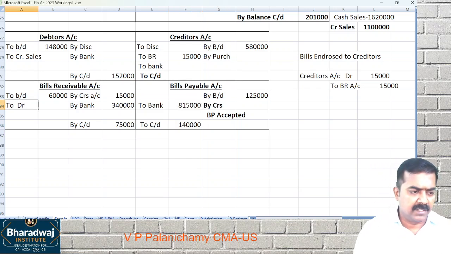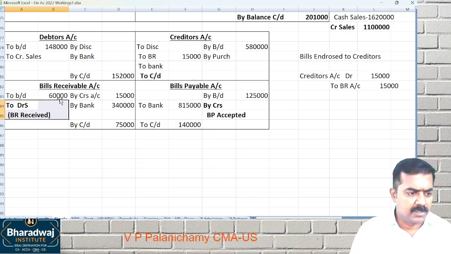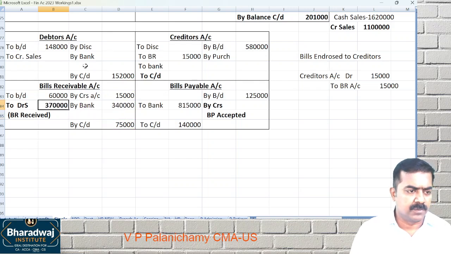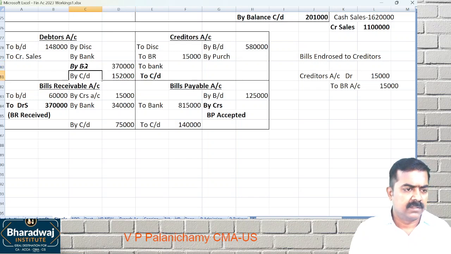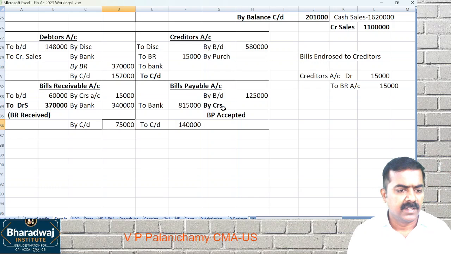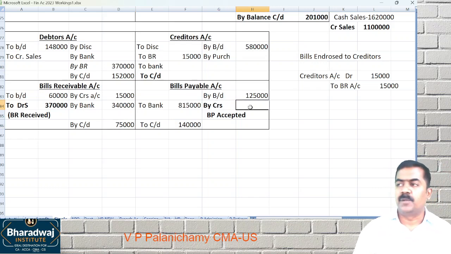As a balancing figure, you will get the bills receivable received during the year in debtors account. How much do we get? 3,70,000 will come. By bills receivable received 3,70,000. This balancing figure is posted in the debtors account. In the bills payable account, as a balancing figure you will get bills accepted to creditors.